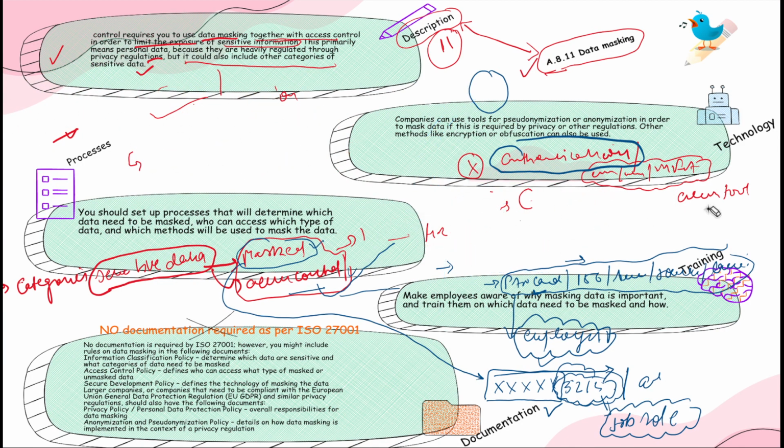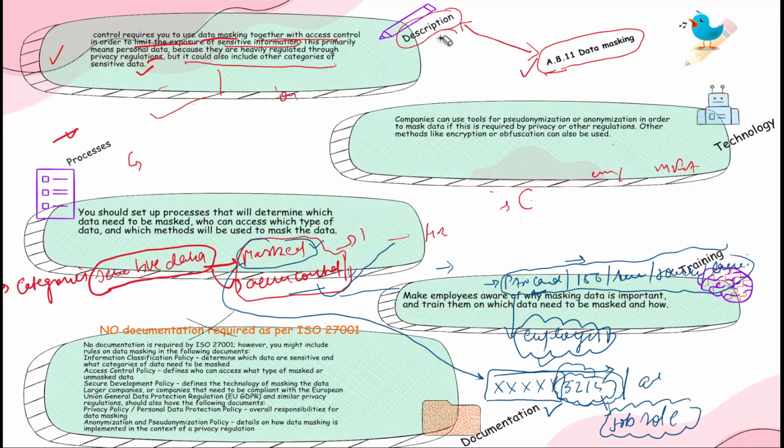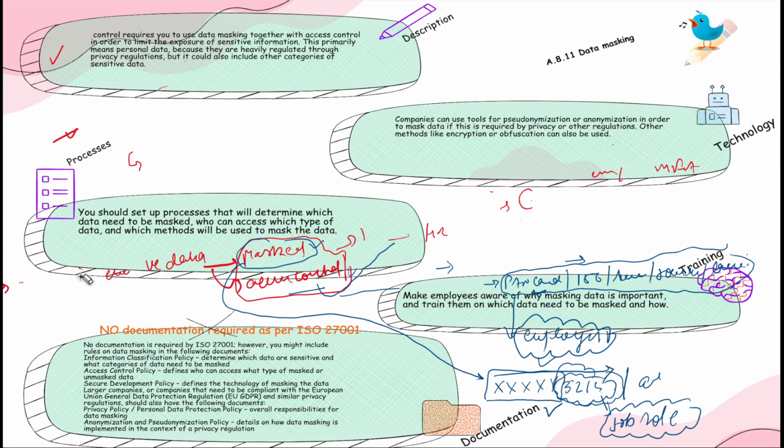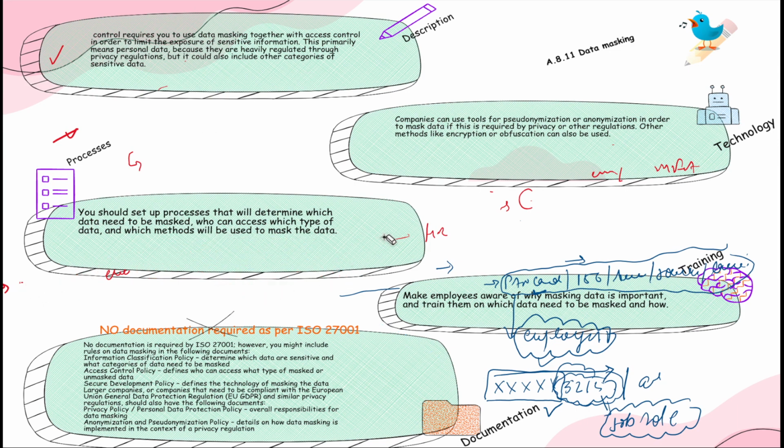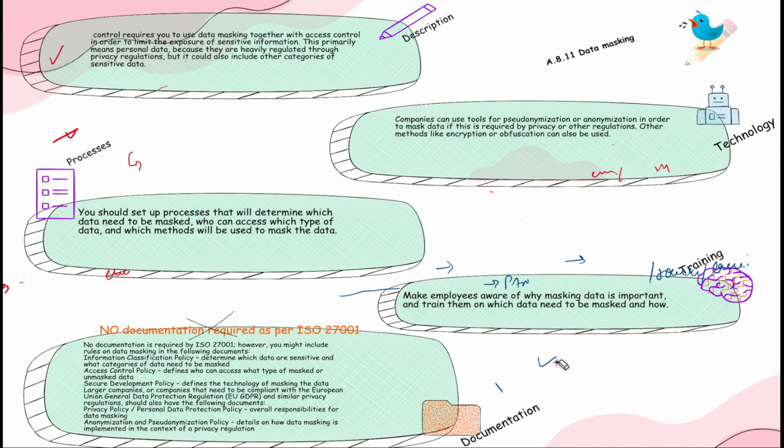Now, understand what technological changes the organization has to make to meet this requirement. Companies can use tools for pseudonymization and anonymization in order to mask data if this is required by privacy or other regulation.